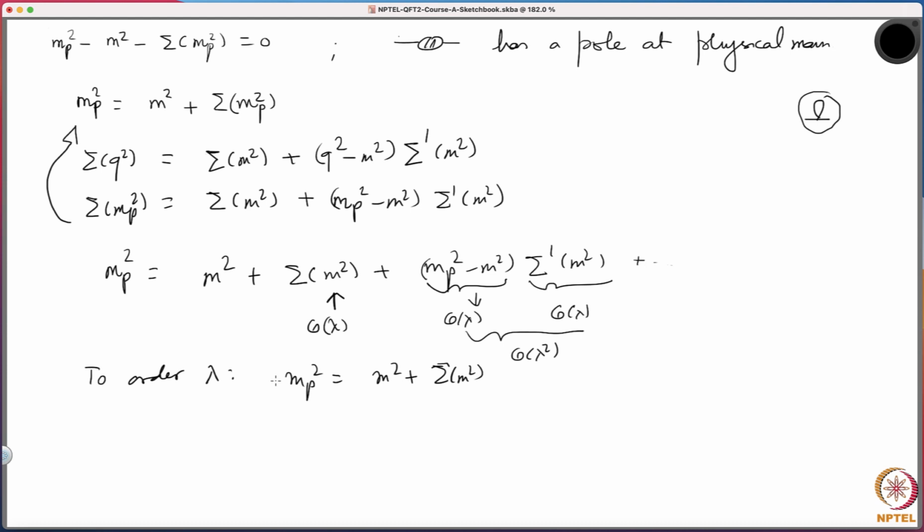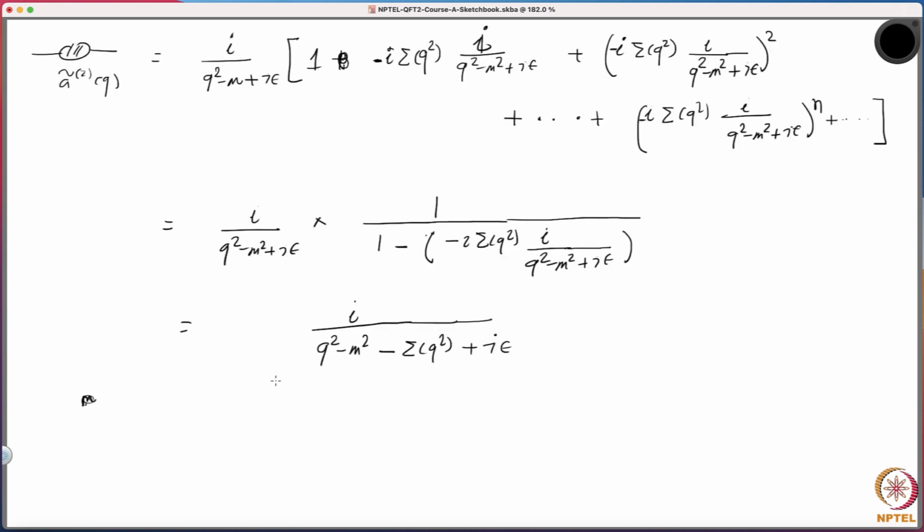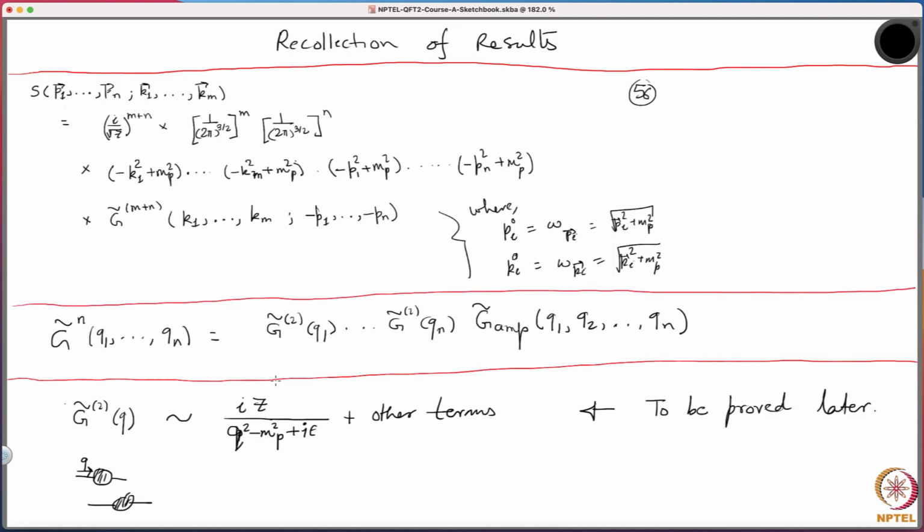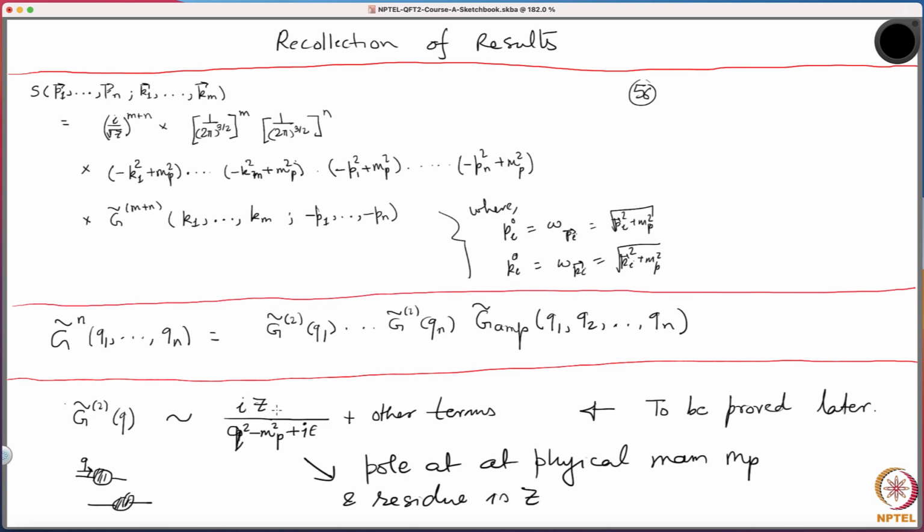But let's look at the Z factor. Here you see that the claim is that if you look at the 2-point function, then it has a pole at the physical mass, and the residue at this pole is Z, because that's the residue.